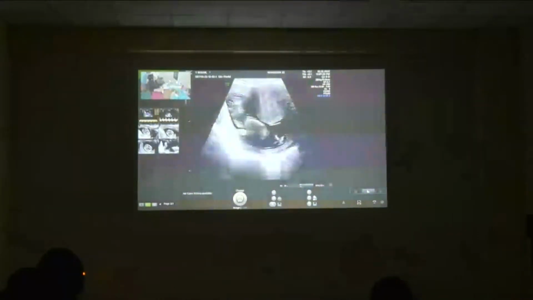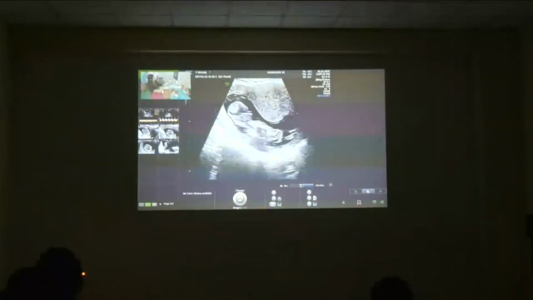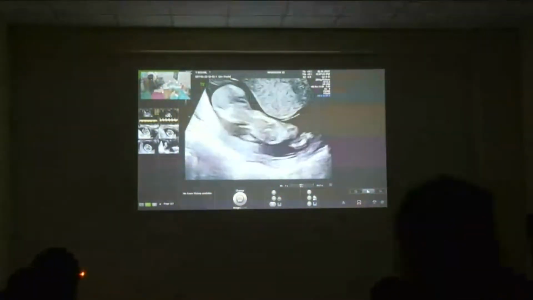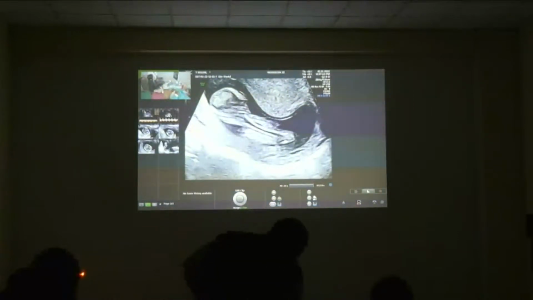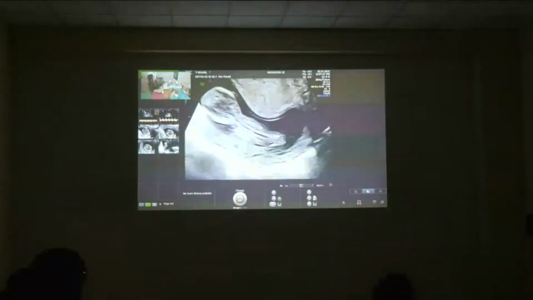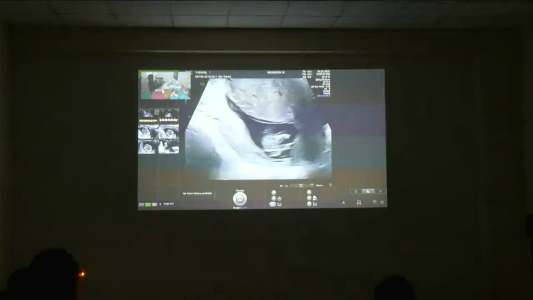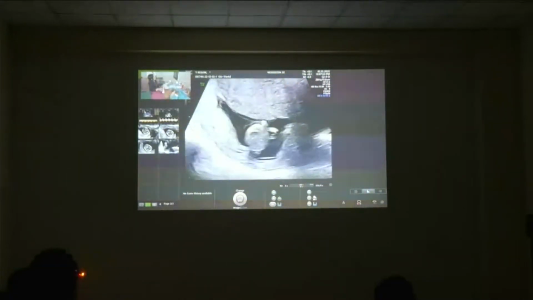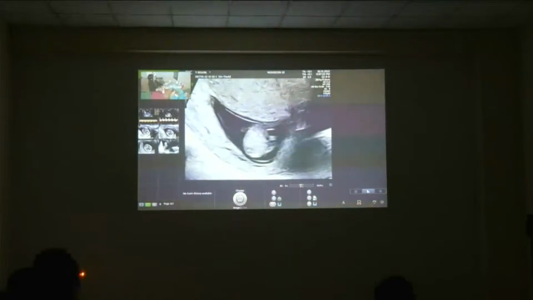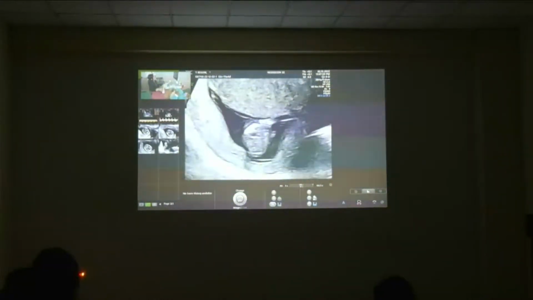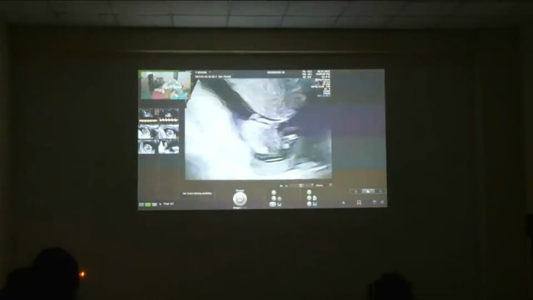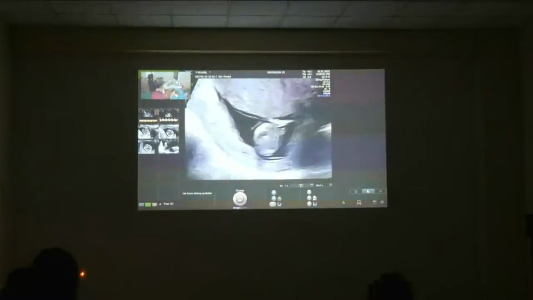So look at the fetal neck. Look at the fetal spine in coronal, in axial, the fetal abdomen with a stomach bubble. Look at the cord insertion.